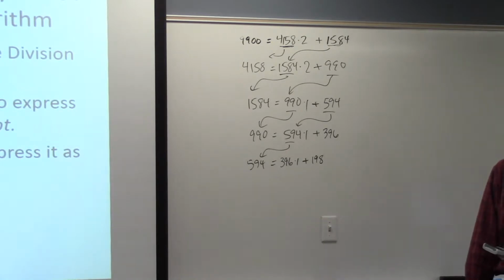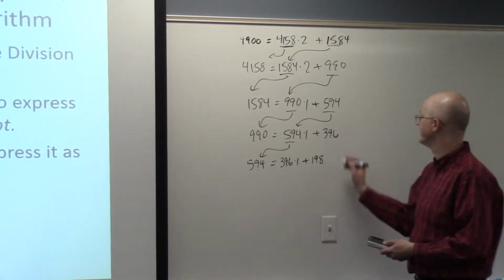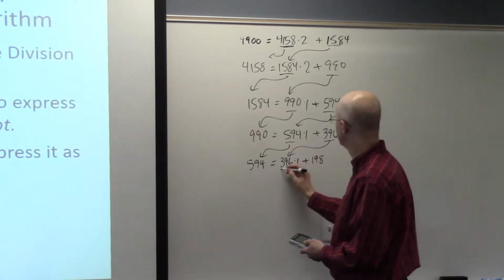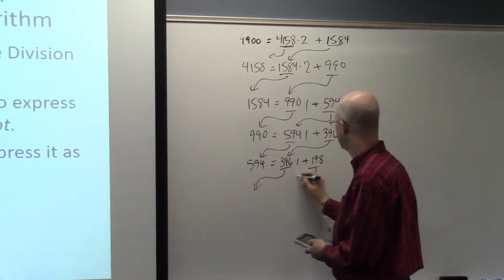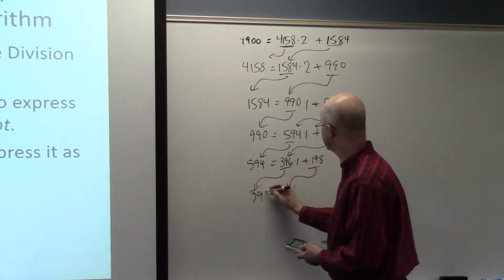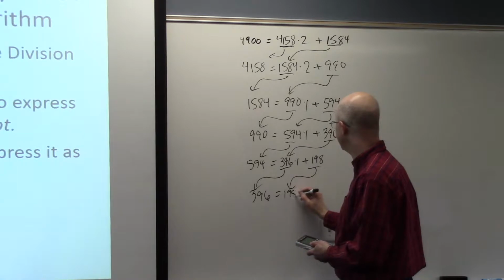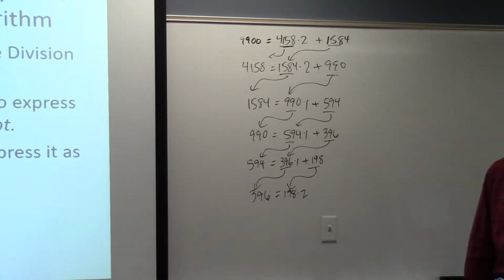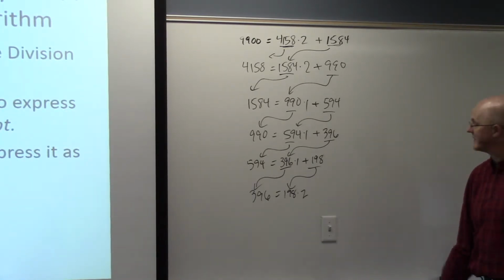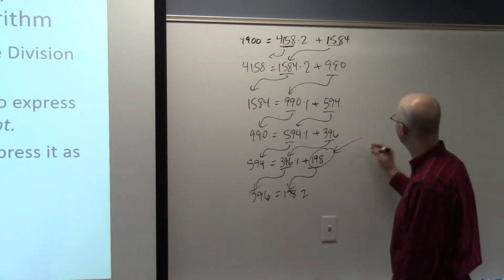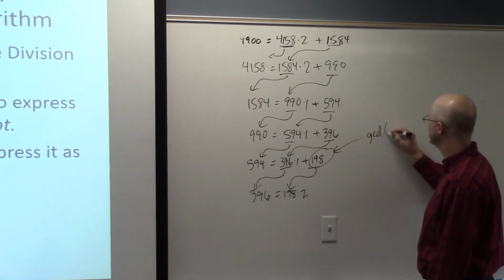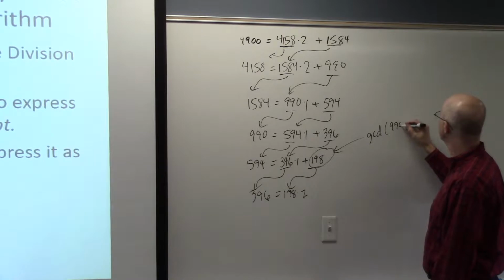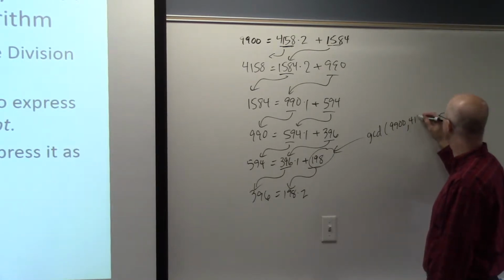And it is going to be in this next step that we get a remainder of 0. 396 is going to be 198 times 2 with a remainder of 0. So we stop. So what's the GCD? The GCD is the last non-zero remainder. That right there, 198, is the GCD of 9,900 and 4,158.